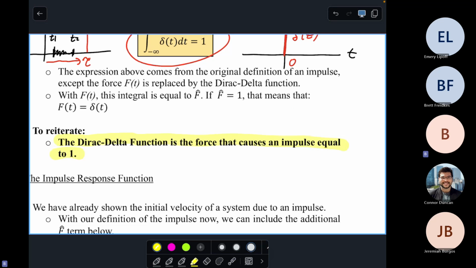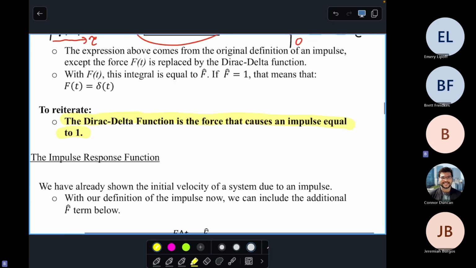It moves, obviously, but it moves in a very specific way. It moves as an impulse response function. That's a definition. The impulse response function is the result of striking the mass with an impulse of exactly 1. Is that okay? Okay.